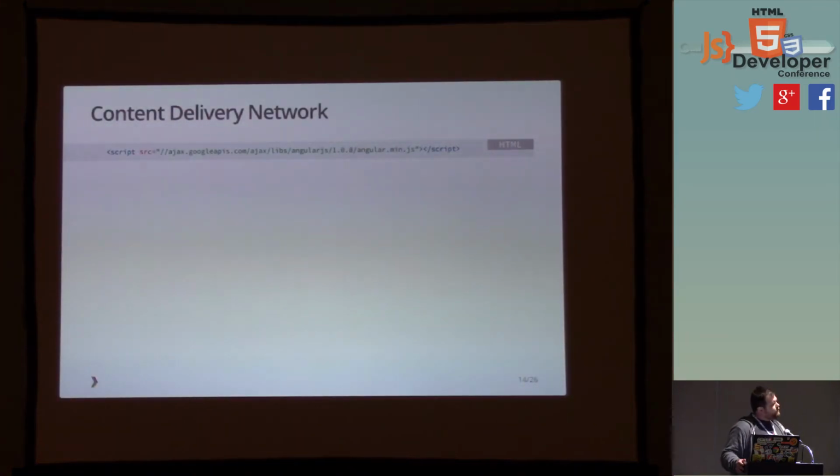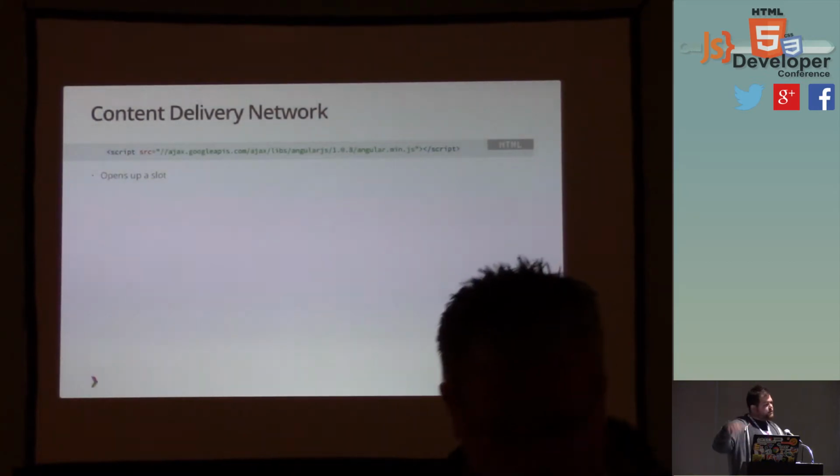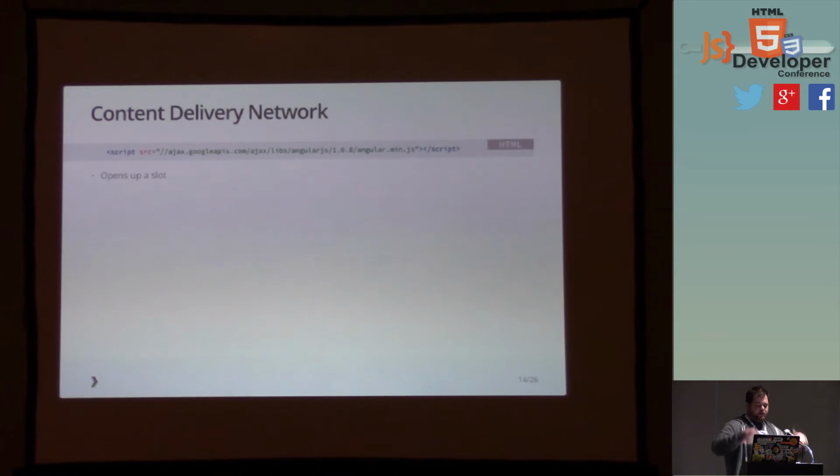So first of all, you have to load the library. I recommend using a CDN for it because, one, if you're not developing locally, it opens up a slot when downloading, because you can only download so many things at once from the same server. You can win free cache.